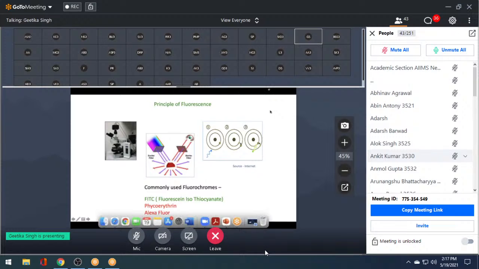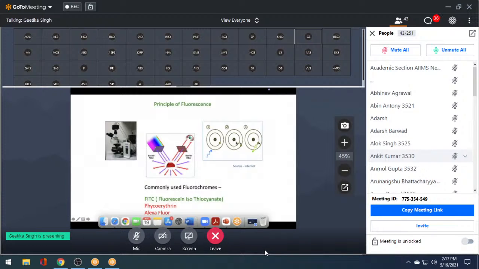Now, in terms of principle of fluorescence, whether it is direct immunofluorescence or indirect immunofluorescence, the principle remains the same. Basically, if you use a light of a particular wavelength, like you can see here, on compounds which are called fluorochromes, then when they gain energy, they will go up like this, right?